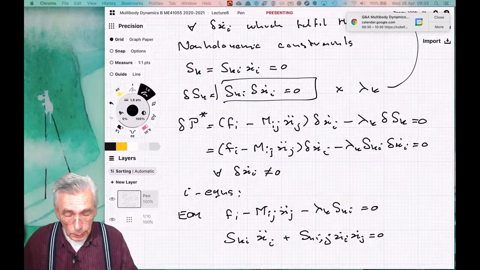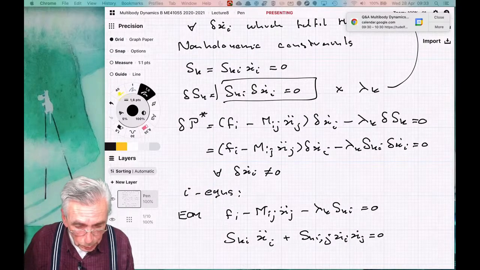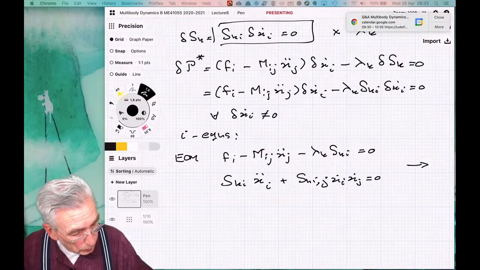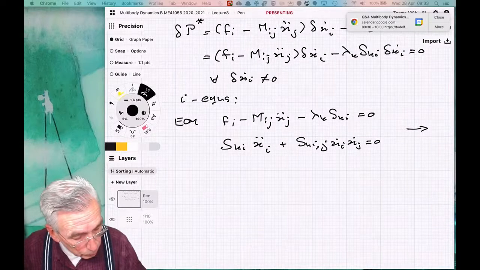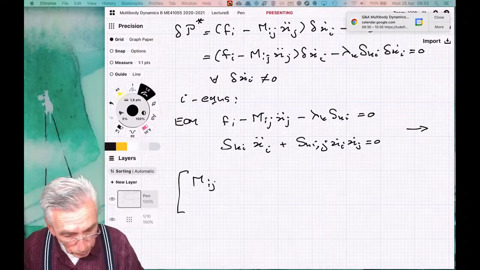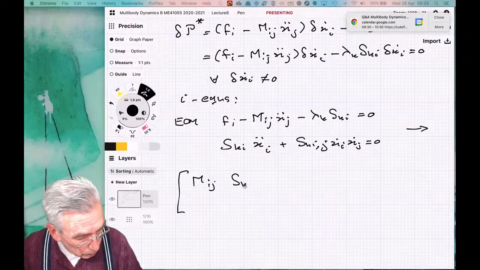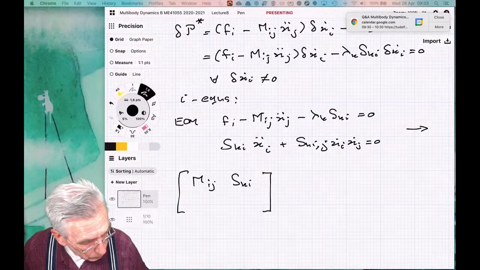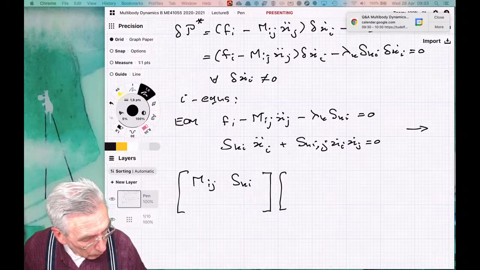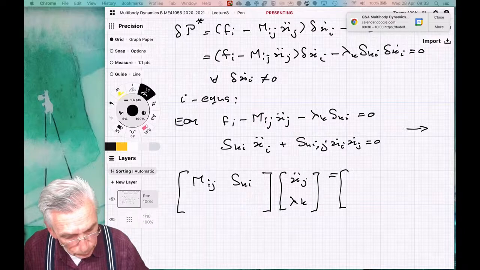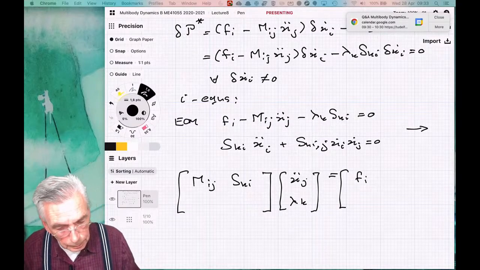And these two sets of equations form our equations of motion, which we then nicely write in this mixed form, right? So we have Mij, with the indexes ψki, x double dot j, lambda k, and on the right hand side I have my applied forces Fi.